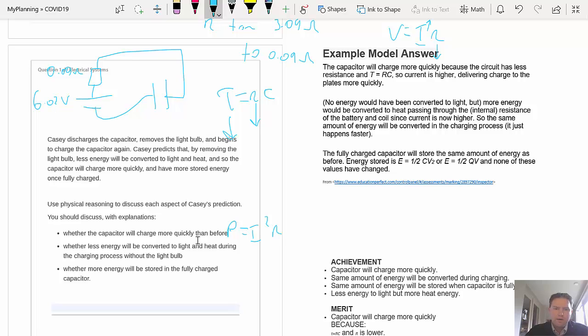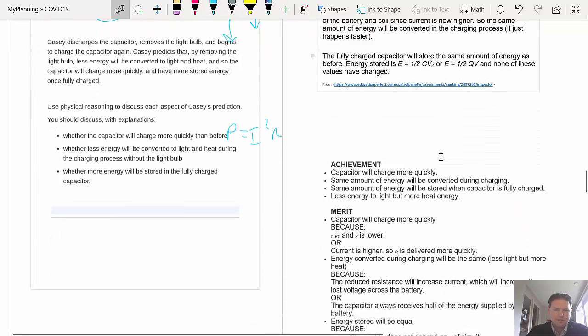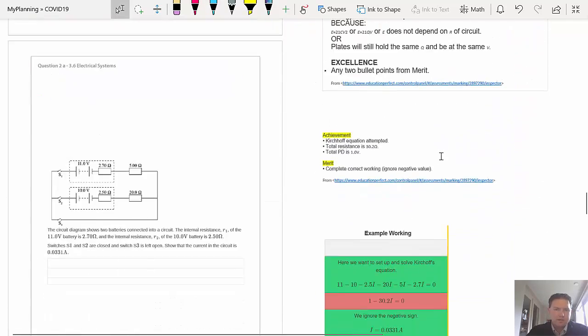So we're going to have P equals I squared R, a lot more current, and so a lot more power wasted in here, but none wasted in our light bulb that doesn't exist. So the same amount of energy will be converted in the charging process. It just happens faster. The fully charged capacitor will store the same amount of energy, because C is the same and V is the same. That's actually quite tricky. Excellent.